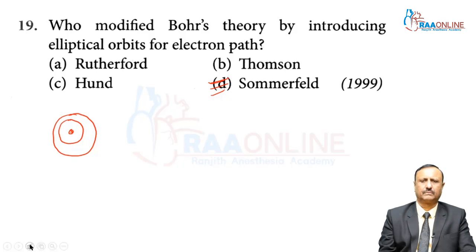But according to Sommerfeld, electrons rotate around the elliptical path, just like Earth. So, this is given by Sommerfeld. So, it is called the modification of Bohr theory.